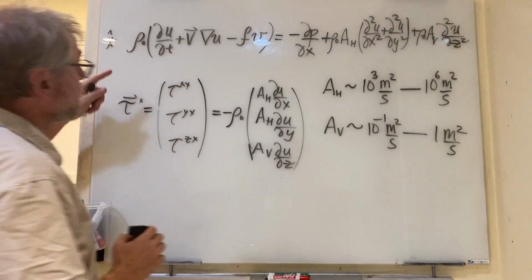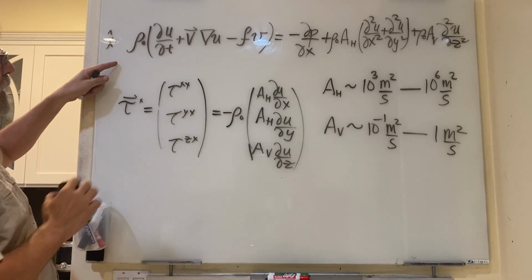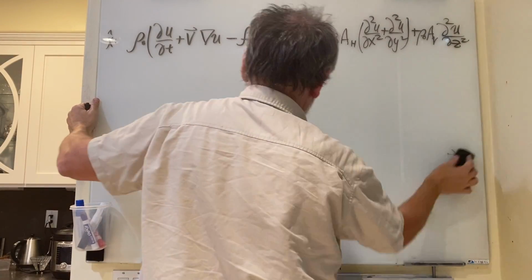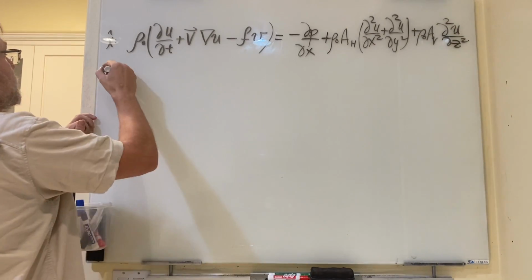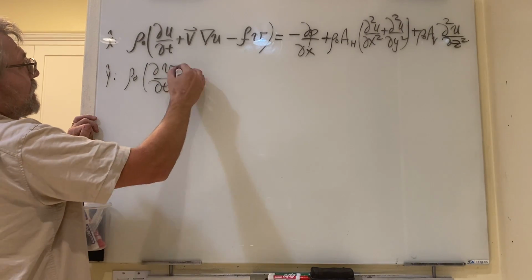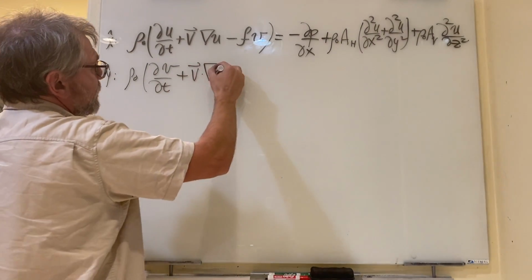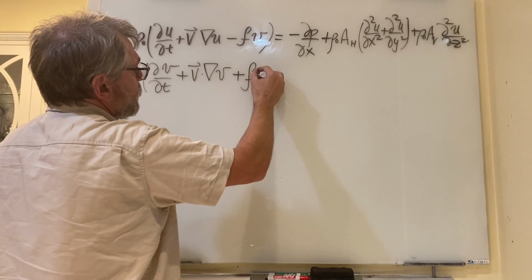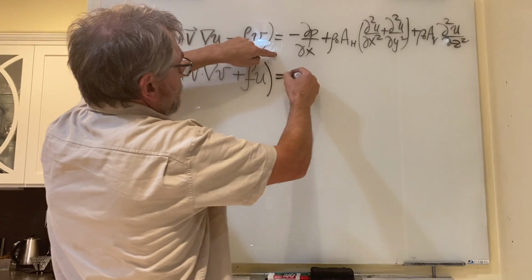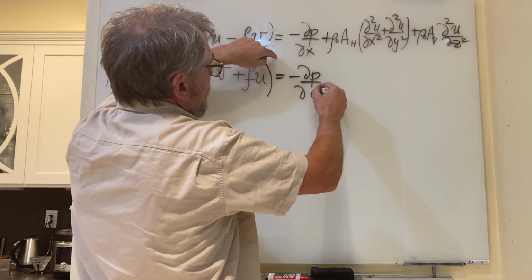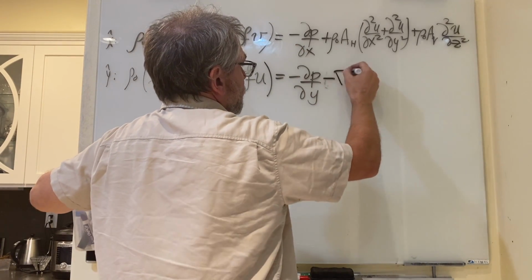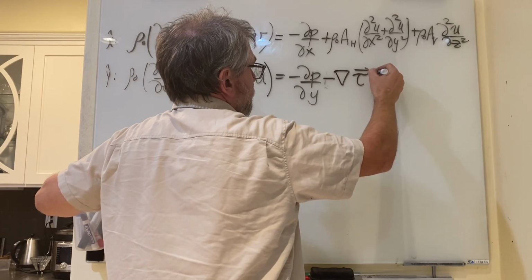I'm now going to write the same equation, but for the y component of momentum. So that is going to be y hat rho naught. Now I'm using v, plus v dot grad v plus fu. Notice how the signs flip here for the Coriolis force. It is equal to minus dp dy plus, and here I'm going to write again minus the divergence of the stress, but now the y component.